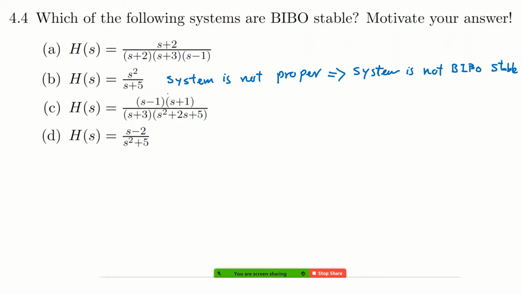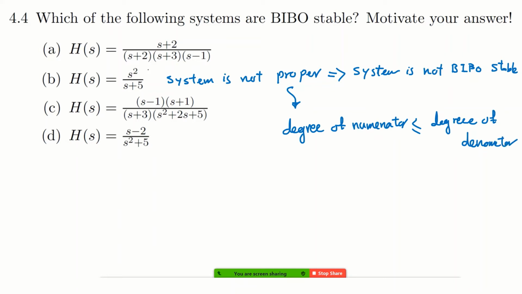A proper system is a system where the degree of numerator is equal to or less than the degree of denominator.